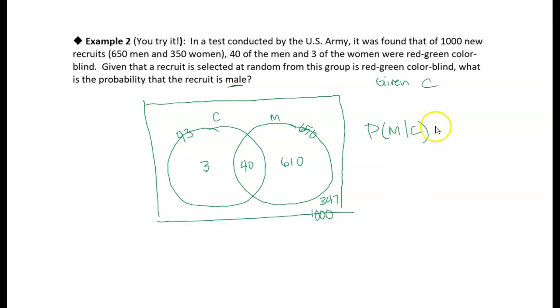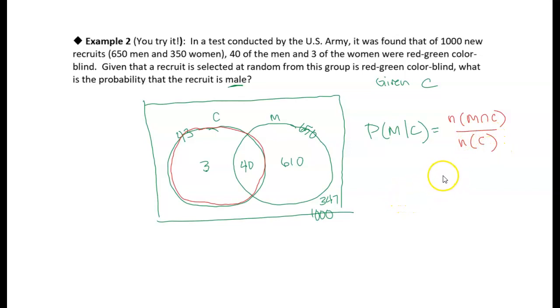All right. Well, so now we're restricting ourselves just down to that pool of colorblind people, right? So let me draw a circle around that, because we're given that they're colorblind. So we can restrict our sample space just down to those 43 people. So what I want to know is the number of people who were male and colorblind, out of the total number of people that were colorblind.